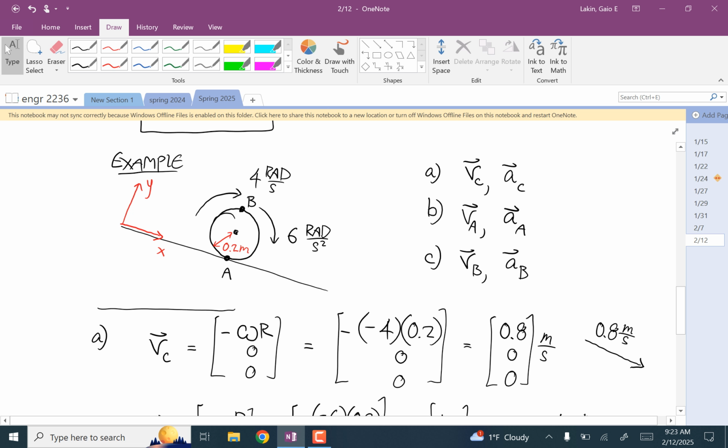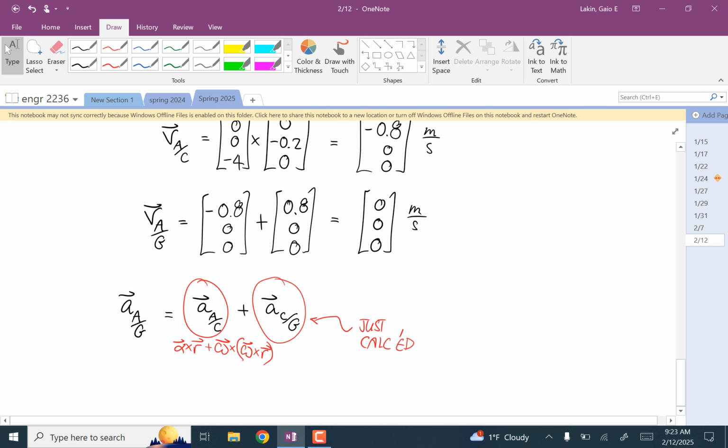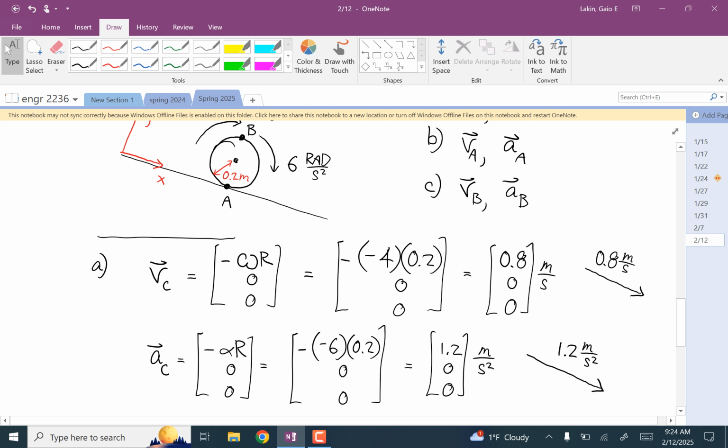Or maybe a more accurate way to think of it is the camera that you're using for measurements is moving exactly with that second subscript, okay? So in this case, the acceleration of A relative to C, we're taking that with a camera that's moving exactly with the center, okay? So that camera doesn't see the center's motion. All it sees is what the other points are doing relative to the center.